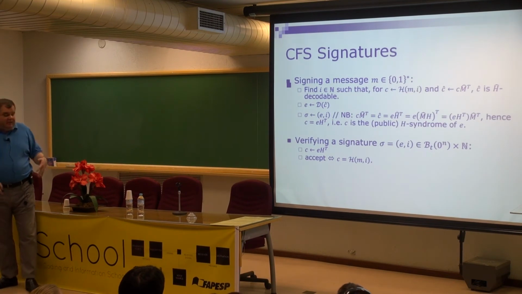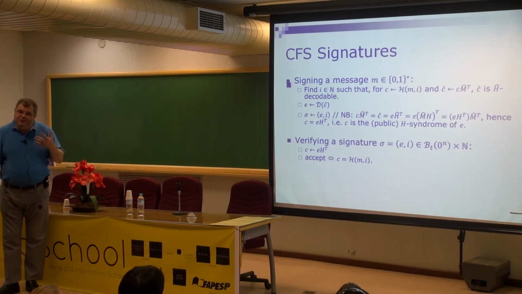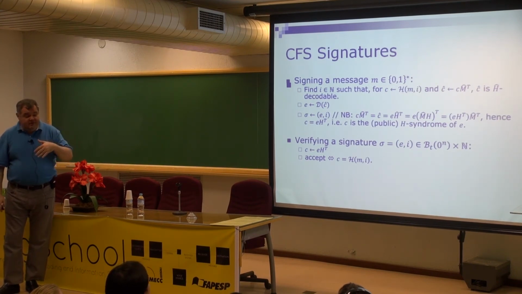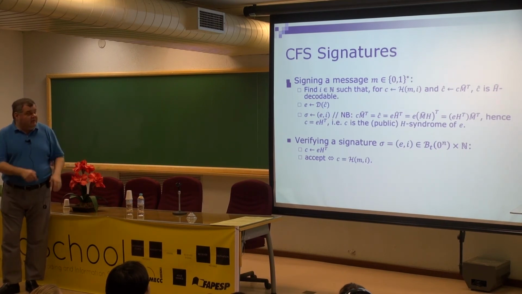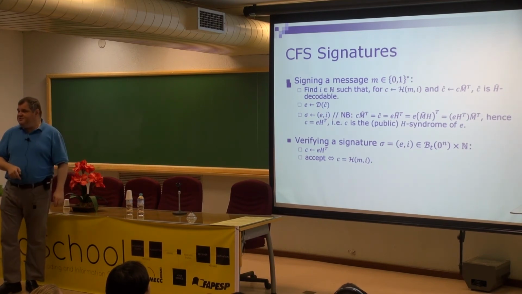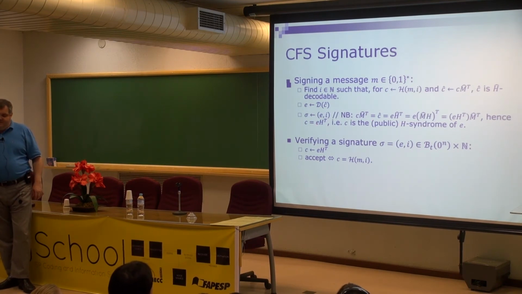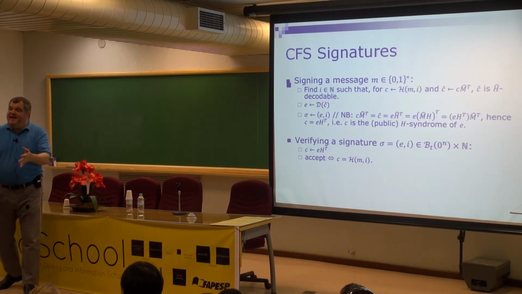If you do this, then you are producing a public proof that you know the trapdoor for this code. You were given a random-looking syndrome that involves the message you were trying to sign, plus a counter, hopefully a small one. And since it's a syndrome of a short vector, you can present that vector as evidence.